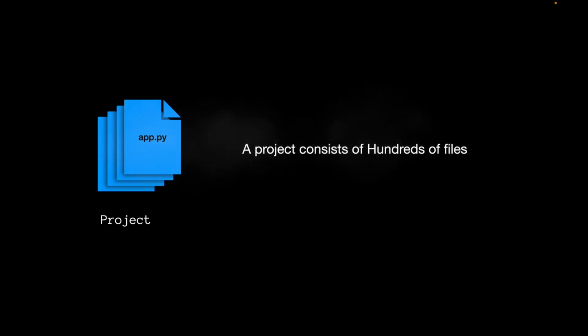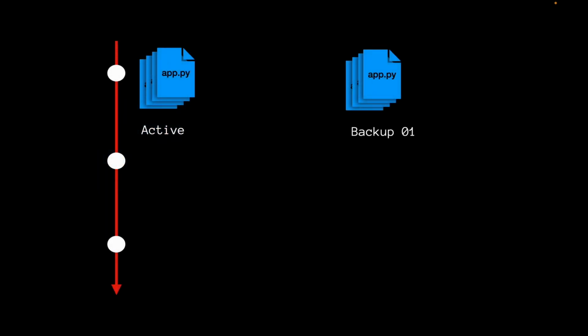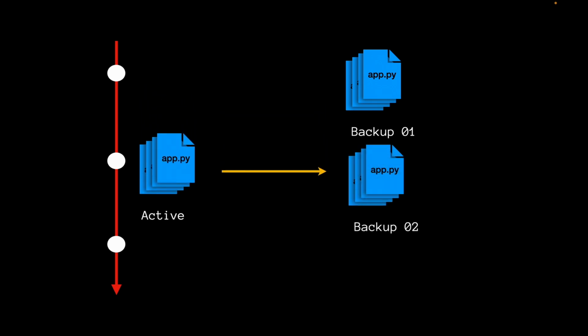Now, what's the problem with this approach? The number one problem and the most expensive problem is memory. See, in an original project, there are hundreds of files. Storing them or keeping a backup of the project every time during the building process will take an enormous amount of memory.